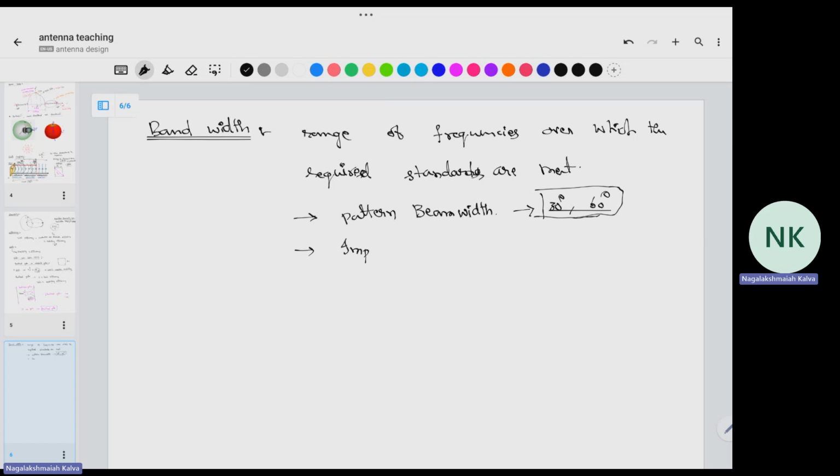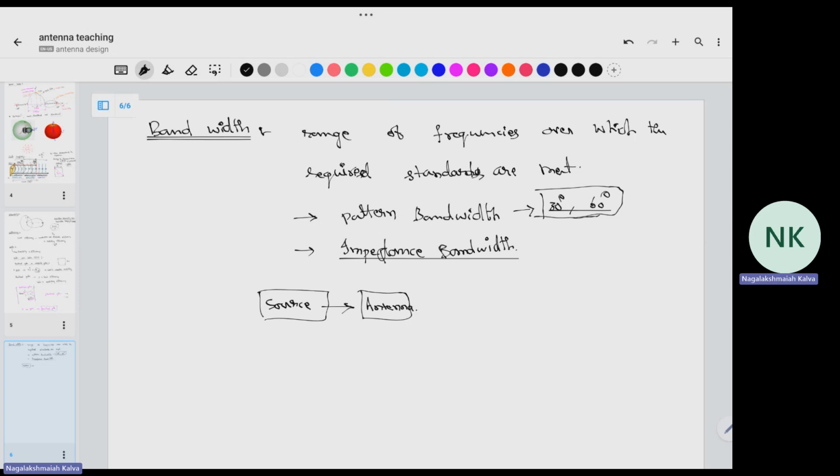or we can say impedance bandwidth. So we can hear this term pattern bandwidth or impedance bandwidth. The same thing here: the range of frequencies over which the source impedance is matched with the antenna impedance.